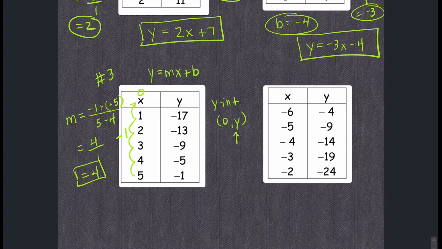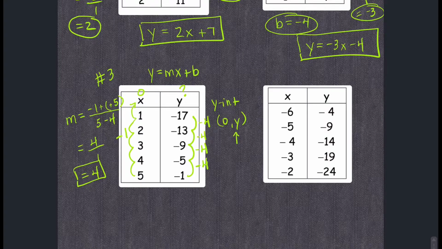And then for our y values, you have to ask yourself, well, how are these changing as I go back as well? What I'm trying to do is figure out what is that number that would pair with 0 when x equals 0. So these numbers over here, from -1 to -5, that is a decrease of 4. From -5 to -9, that's a decrease of 4, decrease of 4.